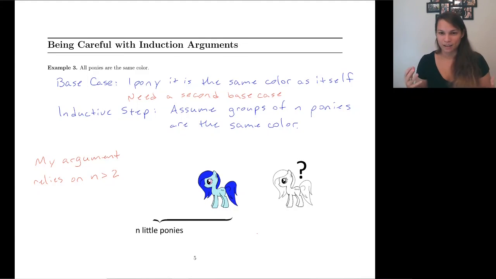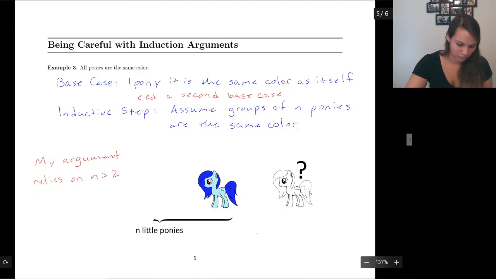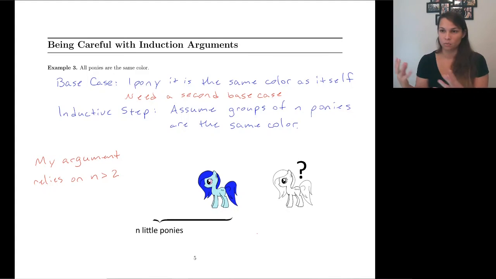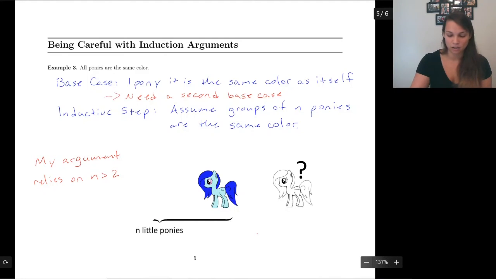But I can't prove that this is true for 2 ponies, which means the entire argument falls apart. So just like the sequence, I needed base case 1 and base case 2, because my argument was going to rely on more than one previous argument. Same thing here. I needed more than one previous argument, but I couldn't make all of those base case arguments, which means, in general, this isn't true.